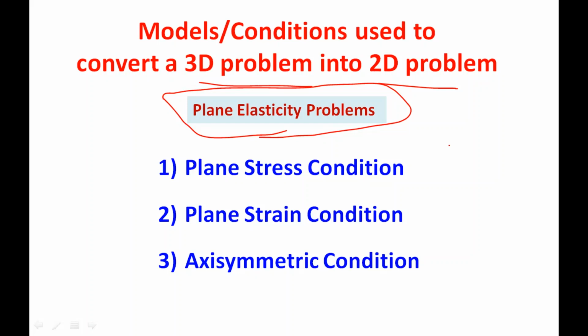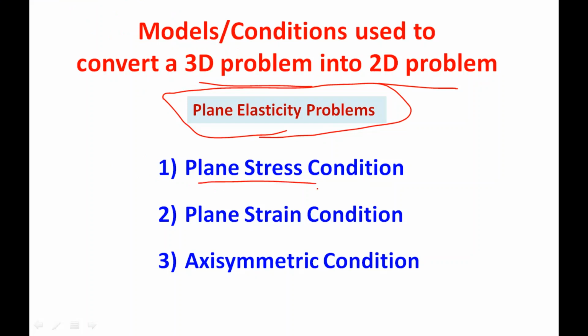So that means once you know that the stress developed inside this material or component is independent of that particular direction, then we can neglect that direction for doing the analysis. Once you neglect that direction, one direction, then the 3-dimensional problem will become a 2-dimensional problem. So this is the plane elasticity concept. Based on this, we have 3 different conditions.